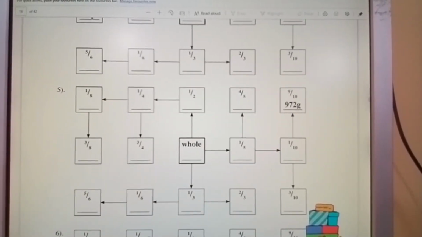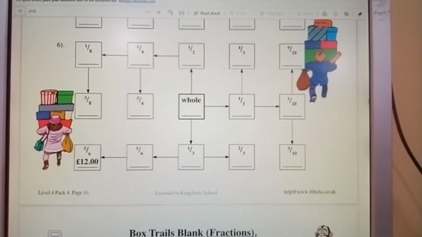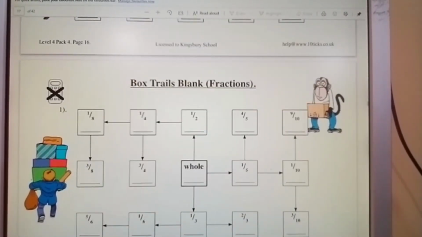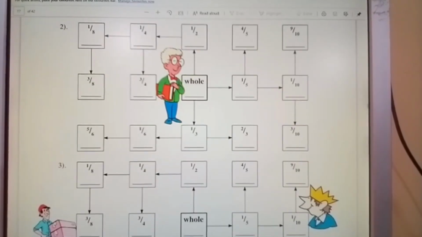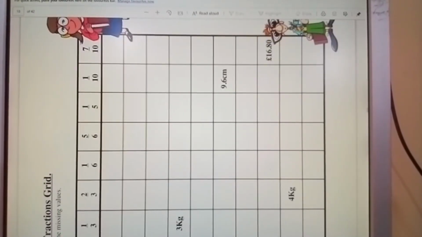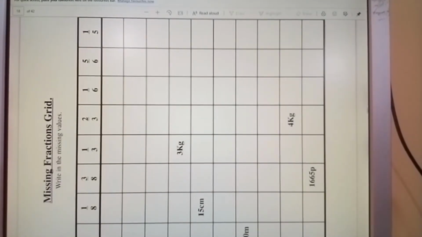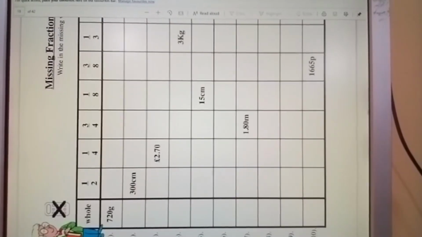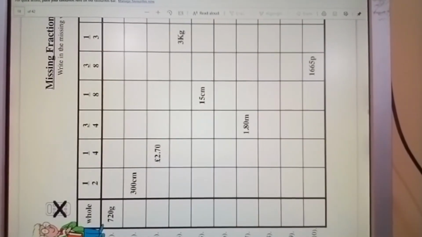Now remember, you can pause the video, okay? And you can make it your own and work from it from that stage. But write the work out. And here we have a fraction grid, okay, that you can begin to use for yourselves.